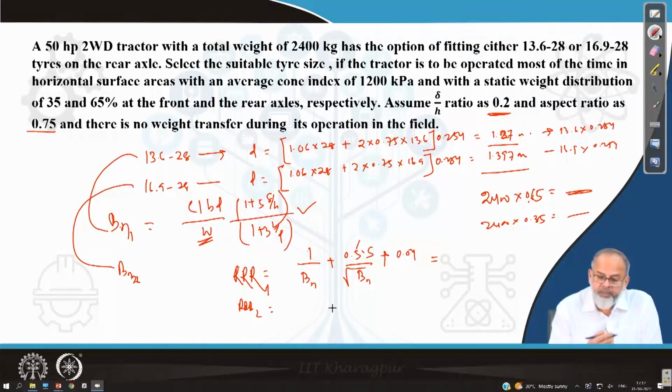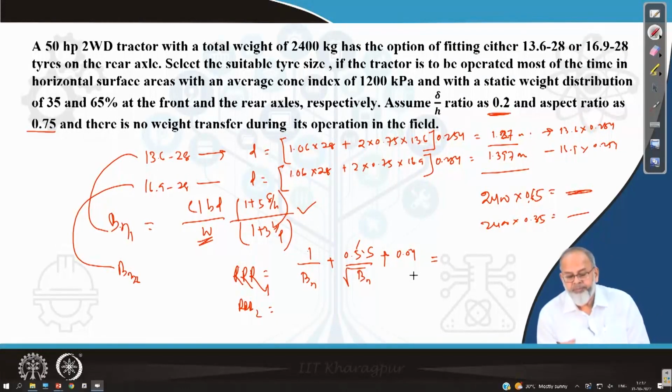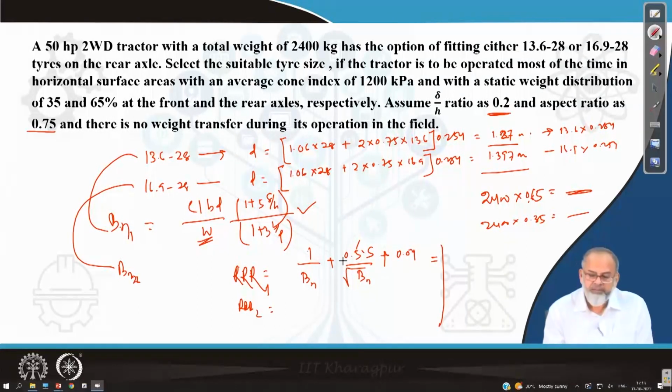what we can do is compute the coefficient of gross traction to ensure that yes, we have more tractive effort. So, first thing is mobility number, second thing is rolling resistance, third is optional. From rolling resistance itself, we can conclude that the tire which is giving you lesser rolling resistance ratio is better.